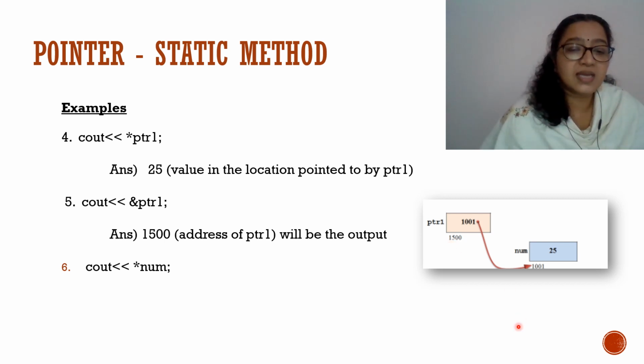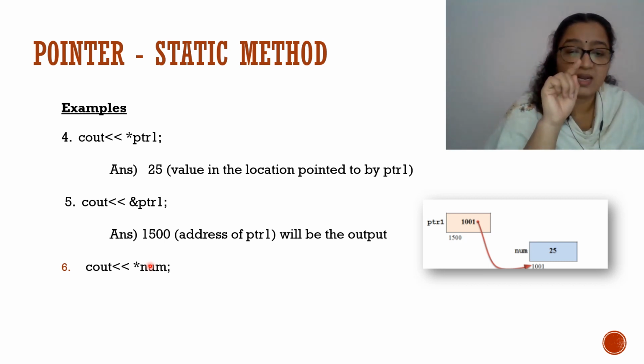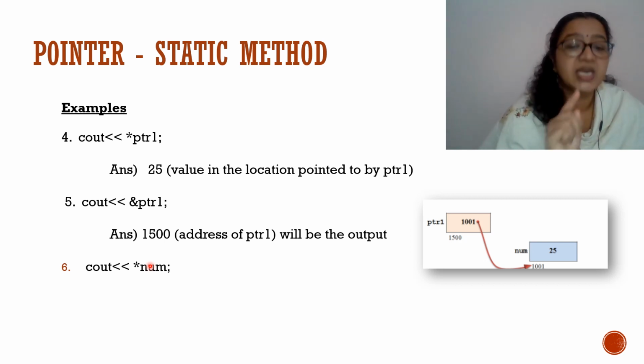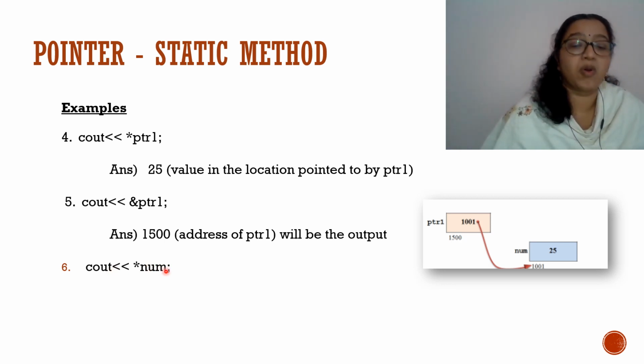And see, cout star num we put. Star num. What is the answer here? Num is a normal variable. It's not a pointer variable, is it? So is it possible to put star? In the earlier slide we studied one important point: star can only be used with the pointer variable. Here num is not a pointer variable, so this statement is wrong.